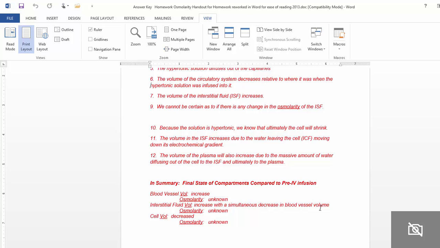So that's 0.225 grams per 100 mils. Per 100 mils, that's just a chemistry thing. All right? So you have to know that when you see a percentage with a solution, it's always over 100 mils. Okay.